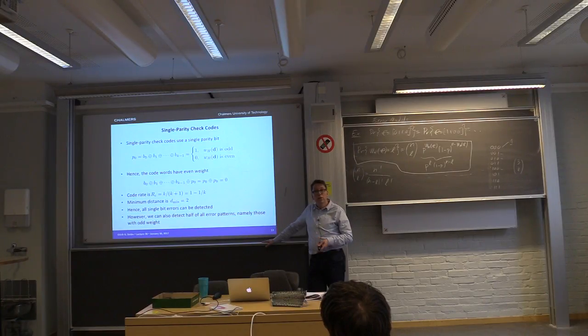Then this is a good code. So these are quite used in practice, in memories and things like that. When you store memory, you store the data plus a parity check. So when you read off the memory, and you have a read error, you can detect that easily.